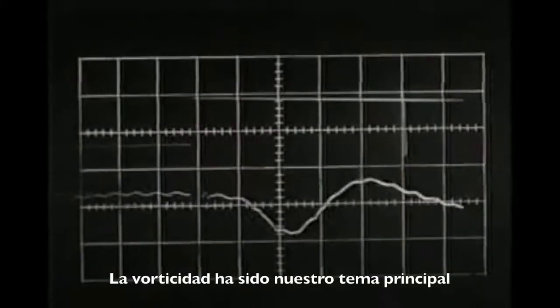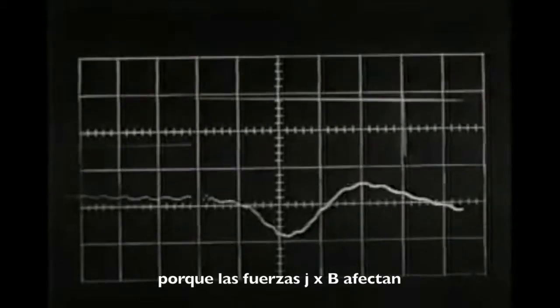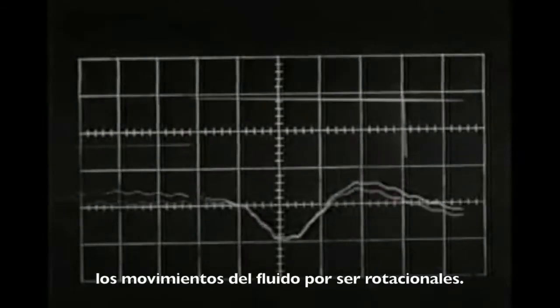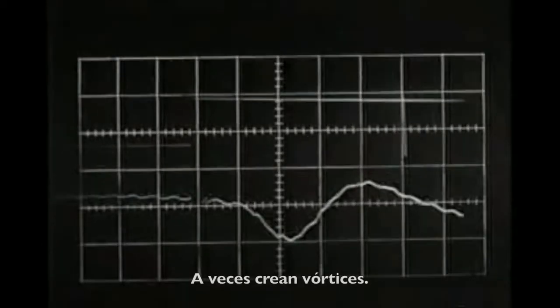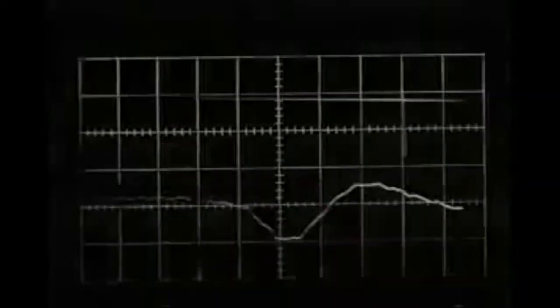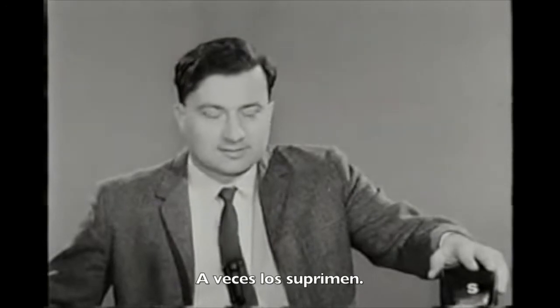Vorticity has been our main theme because J cross B forces affect fluid motions by being rotational. They sometimes create vorticity, sometimes they suppress it.